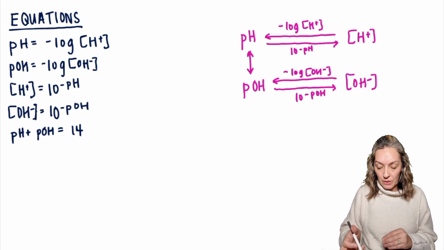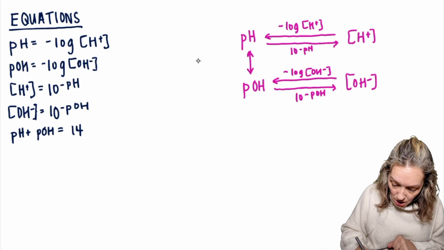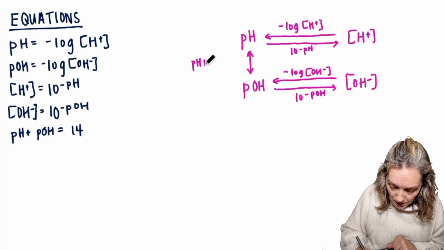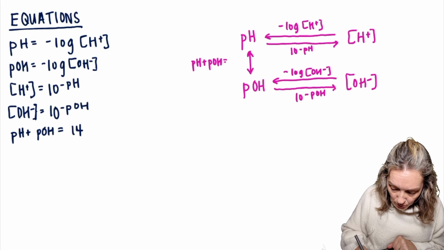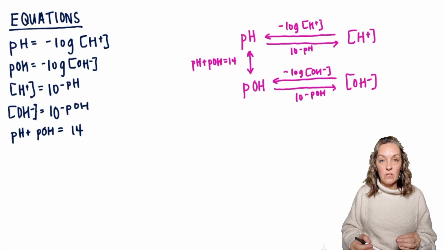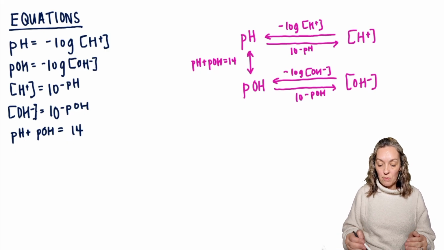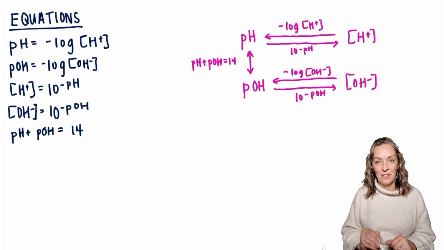There's one last important connection here, and that's between our pH and our pOH. My pH plus my pOH will always equal 14. So these are the equations that are going to help me convert between pH, H plus, pOH, and OH minus concentration.